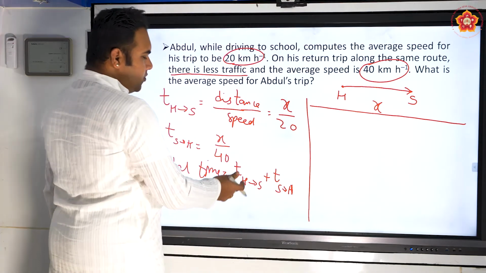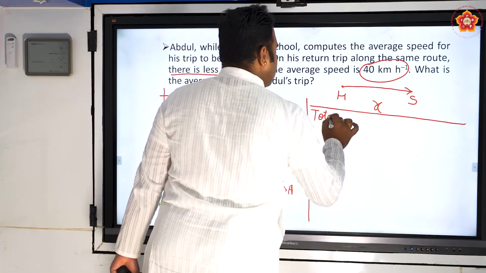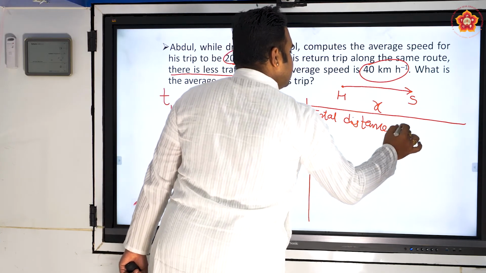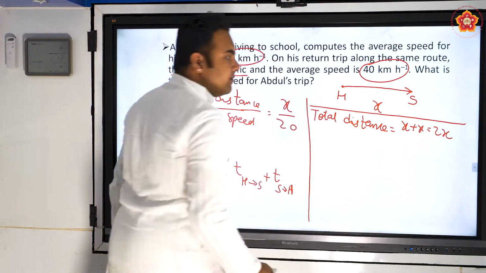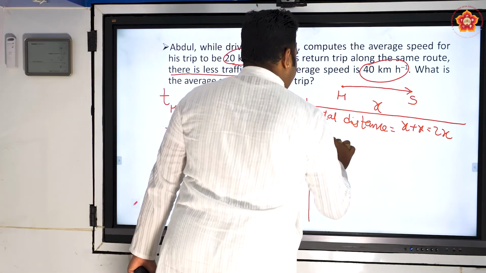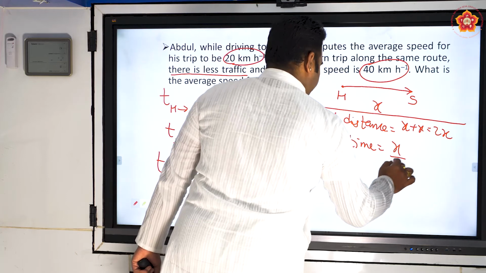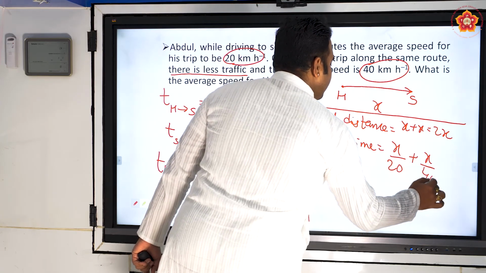So I know the total time. The total distance is x plus x, 2x. This is the total distance travelled by him. The total time is x by 20 plus x by 40.